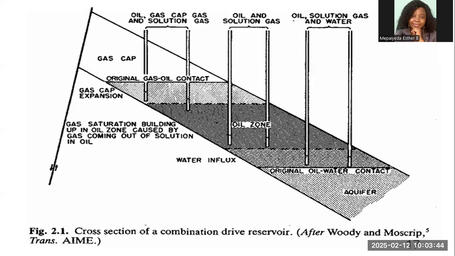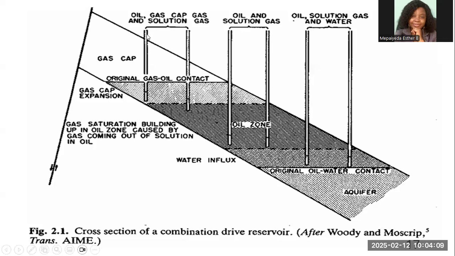You have it replacing the empty pore volumes left by the production of oil as fast as possible, such that you have balancing pressure between your aquifer and your oil zone. So thereby you maintain pressure, and then there is production of your reservoir fluid to the surface.